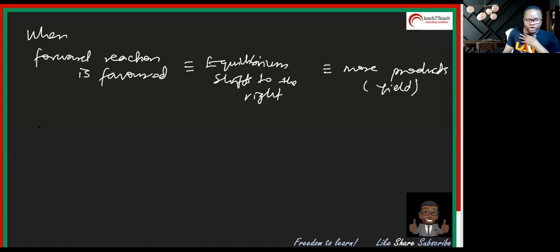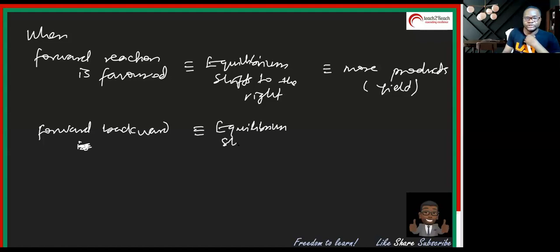So when we say equilibrium favors the backward reaction, what does that mean? It means that equilibrium shifts to the left.